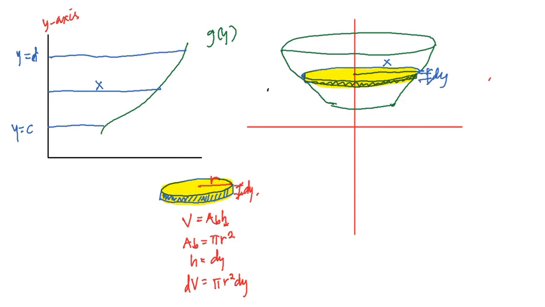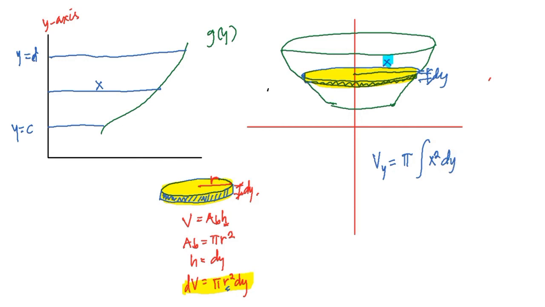Since this is a circular disc, we have the differential of volume is equal to pi r squared dy. Now, as we can see here, the volume for this is equal to pi integral of the radius. So, radius natin dito is x. So, therefore, we have here x squared dy.